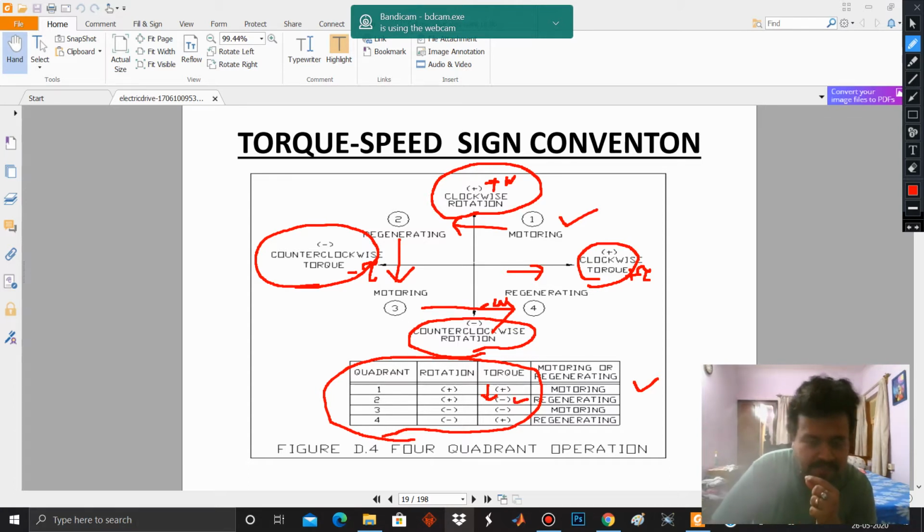That means there is no change of direction of rotation of the rotor. The rotor is rotating in the clockwise direction, but there is a negative force. So what will happen to the rotor? The rotor will slow down, and hence the second quadrant is also called forward braking.